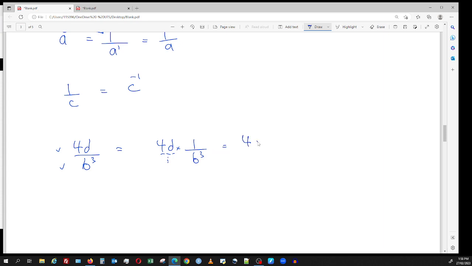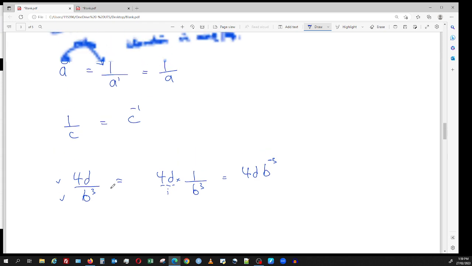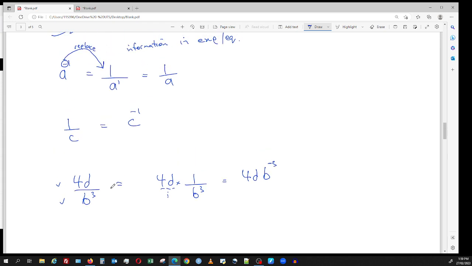So 4d is not affected. The b now comes up. The reciprocal has disappeared and been replaced by the minus sign. Okay, so that's our answer. That's all we need to express in terms of using our reciprocal. There are lots of different times that this appears, and just watch when there are numbers, what's actually involved in the reciprocal and what's not. So that's that step.